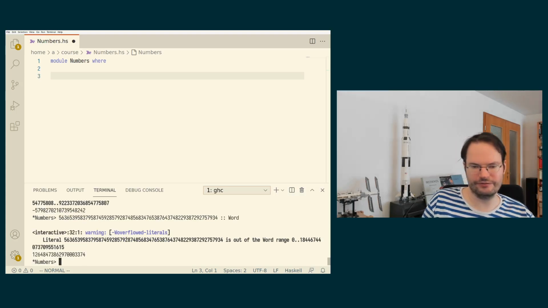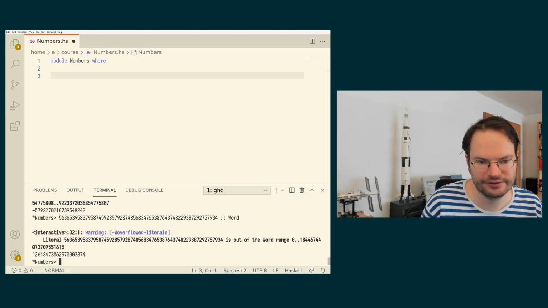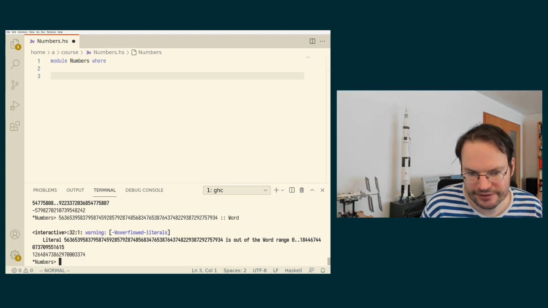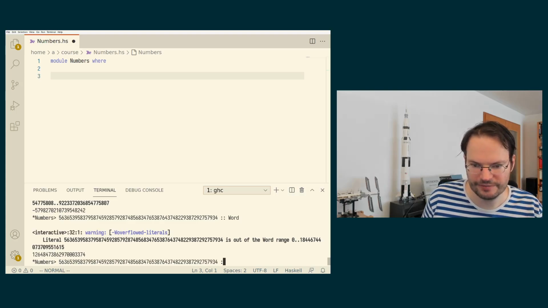So that is fortunately warned about additionally. This is actually something that older GHC versions haven't done, but the recent GHC versions thankfully do. But it is in principle the fromInteger method that is being called here.